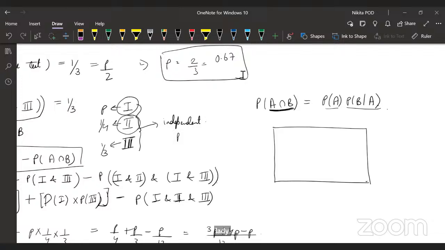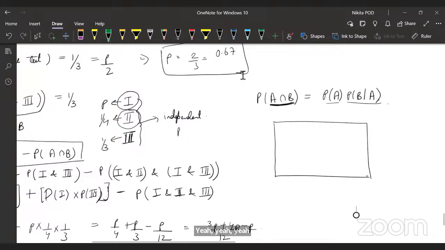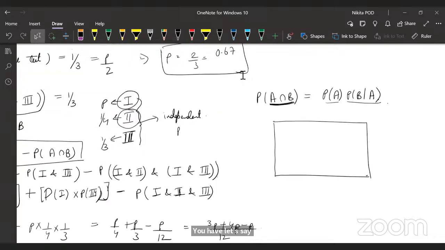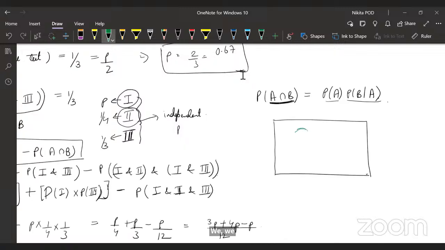So you can also see it from the figure, no? Ma'am, that A intersection B that you have written, probability of A into probability of B given A, it's for dependent events, now. Yeah. So this is how it is, right? Let's say this is my event 1, this is my event 2, this is my event 3.